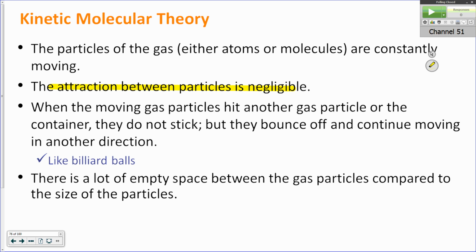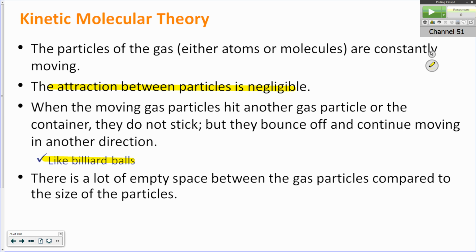If they hit head on, they bounce right off, something like billiard balls. When billiard balls hit, there's a conservation of momentum. If they hit dead on, they bounce back away from each other. Otherwise they slide off at different angles.